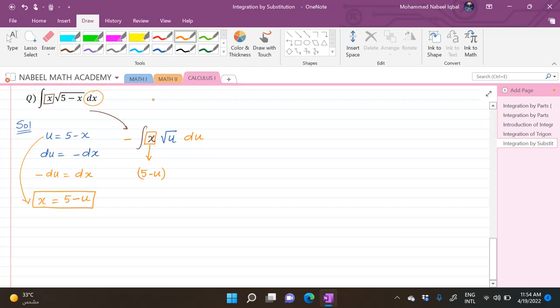Is it right? The integral, minus will be the same. This is u to the power half into du. Now I will multiply the minus inside the integral, because I don't want the minus outside. So you will find u minus 5 for this term, and the remaining terms are the same.